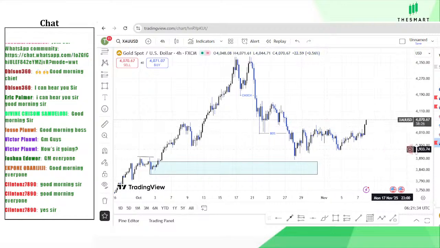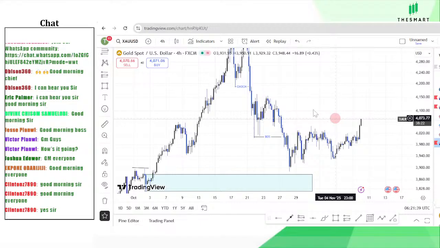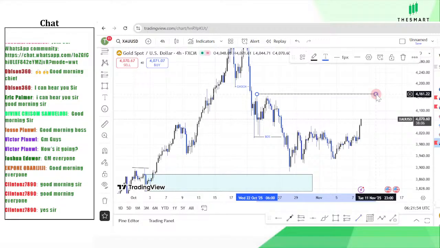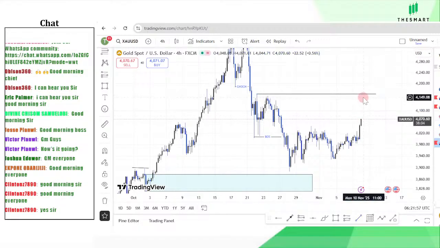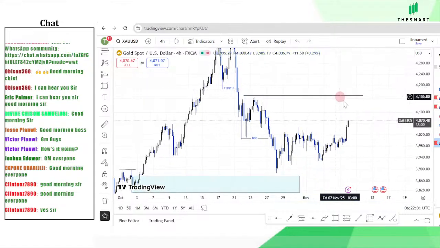We have this break of structure to the downside, which tells us that this zone is still in control. For this price to actually break and continue all the way to the upside, we want to see price clear this high. Price has to clear this level here.